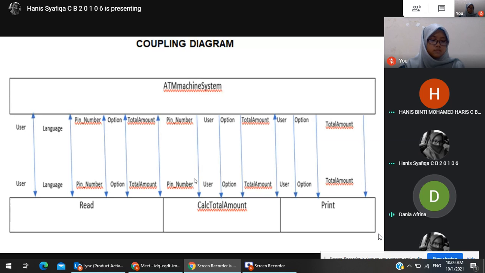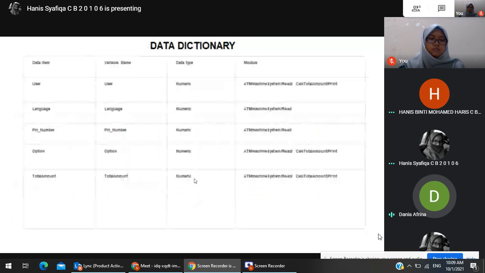And from the one-way arrow, they just need to edit the data for the process to begin the process.